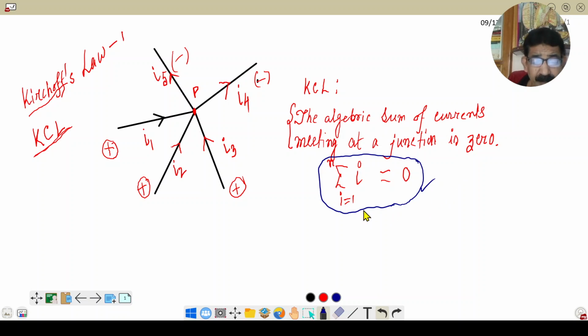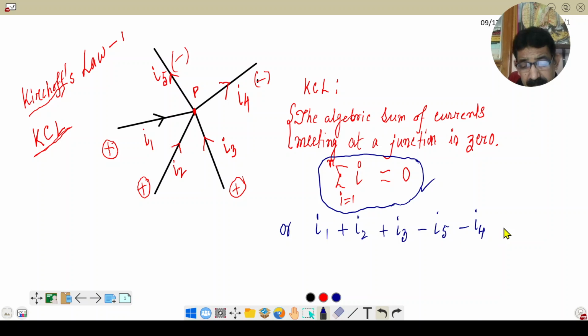Now, if we explain this sentence or this mathematical rule further, then we can say: I1 plus I2 plus I3 minus I4 and minus I5 is equal to 0.